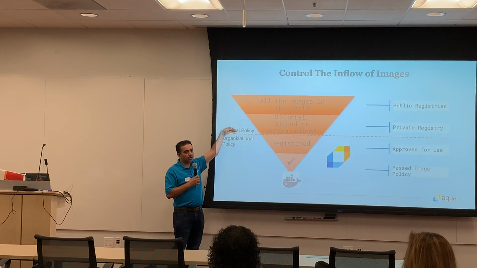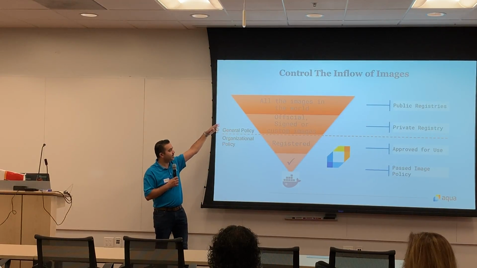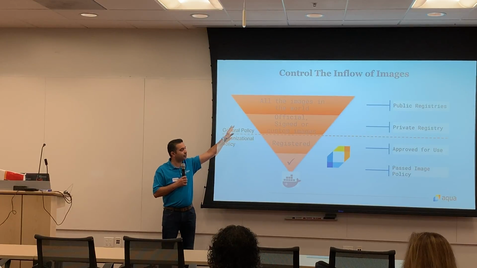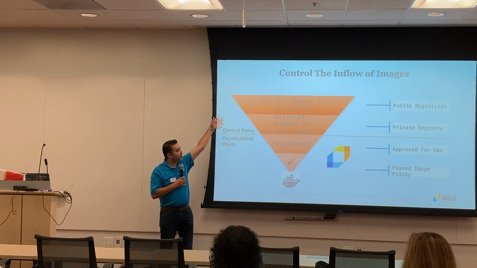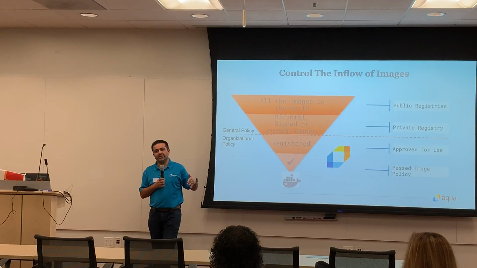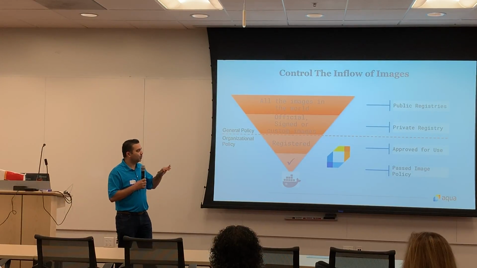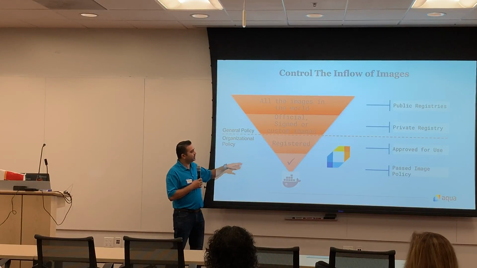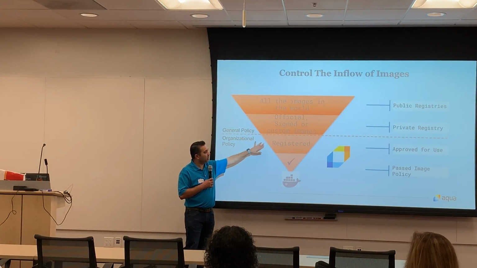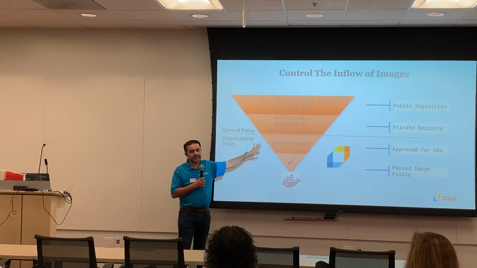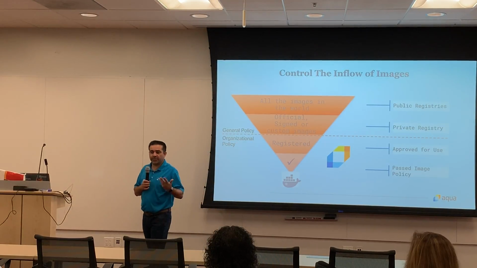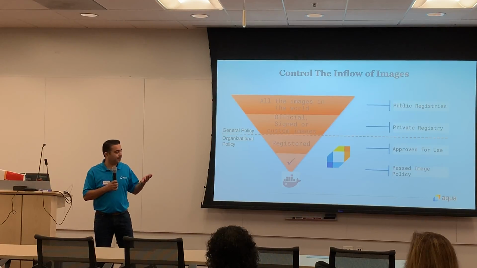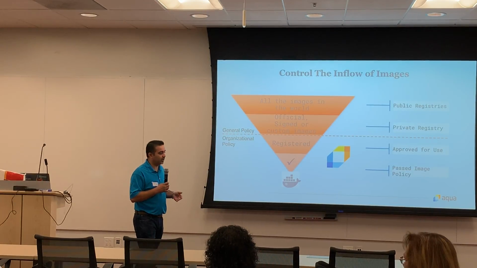Usually, companies and enterprises have a trusted private registry where they bring down only the images that they want to use. We go a little bit further than that. You're only allowed to run images that have been registered and scanned by a solution like ours, and only those images are allowed to run.